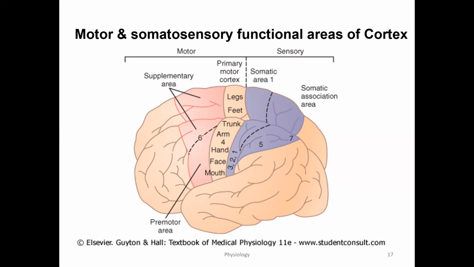Each and every body part is represented upside down, that is from leg, feet, trunk, arm, head, face, mouth, like this. This is about the body representation over the frontal area or motor area, primary motor cortex area, supplementary motor area and premotor area.